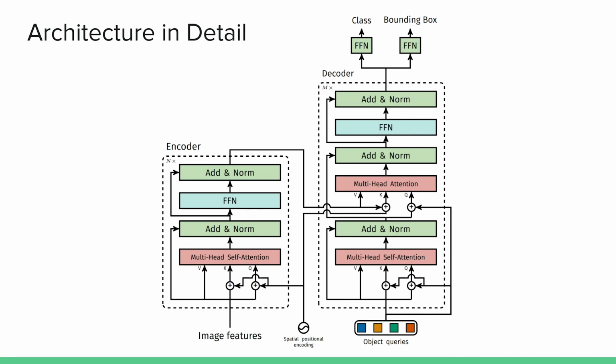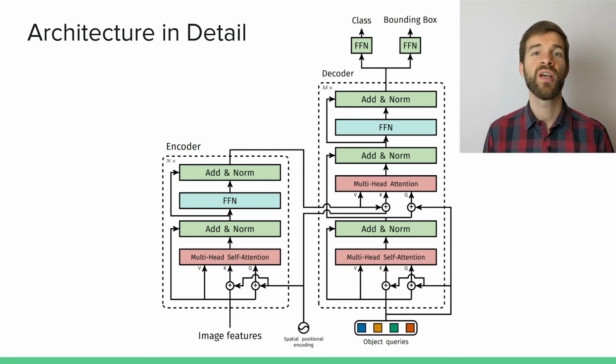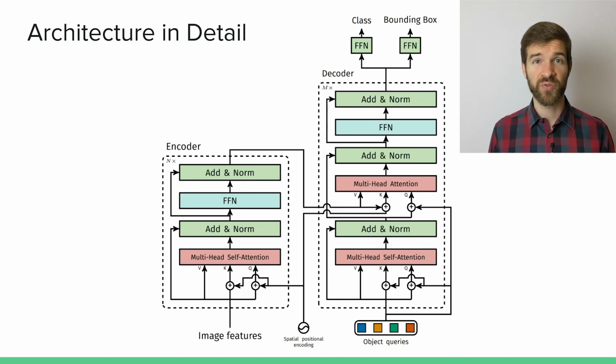At the end, we're not doing classification with a linear layer and then a softmax layer, but we have this feed-forward network with two heads. For classification we then use softmax, and for the bounding box we do some sort of regression. But basically, it's just another transformer with images and these object queries.